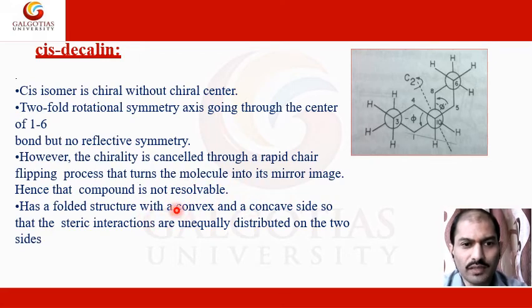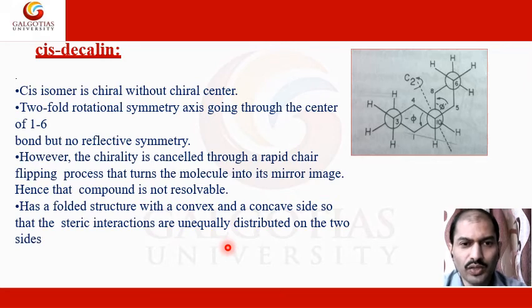There is a two-fold rotation symmetry axis going through the center of the C1,C6 bond, but no reflective symmetry. However, the chirality is cancelled through a rapid chair flipping process, because sometimes it has some particular chirality, but the ring flipping converts the molecule into its mirror image, hence the compound is not resolvable.